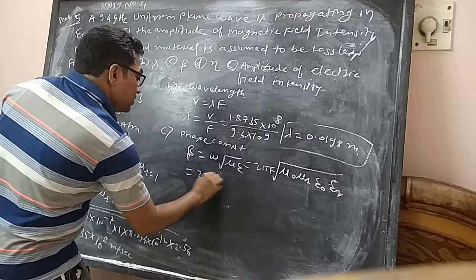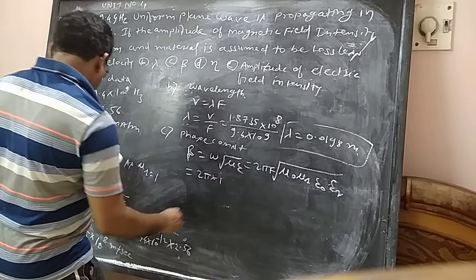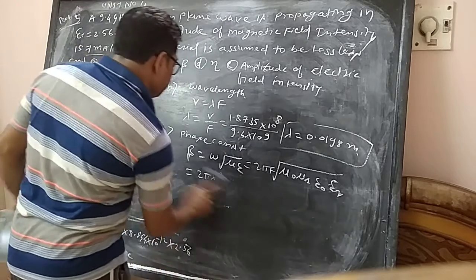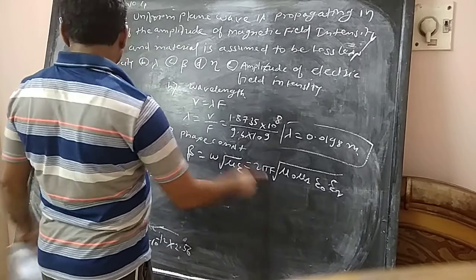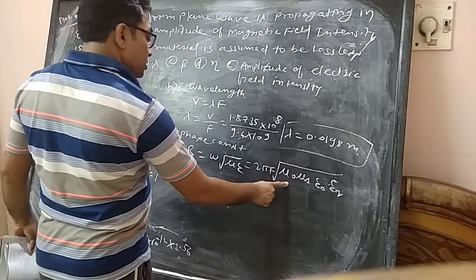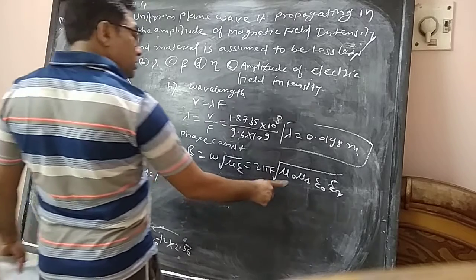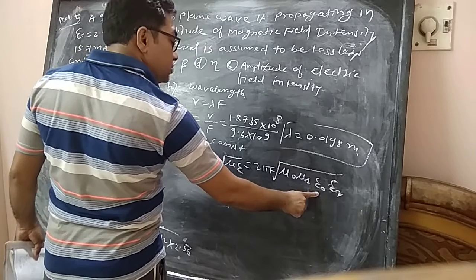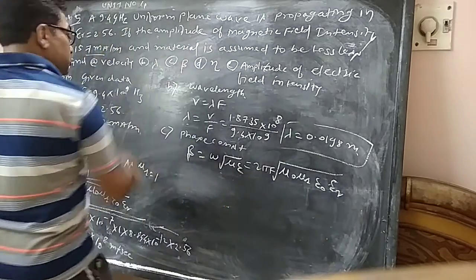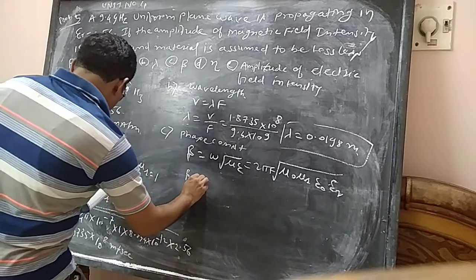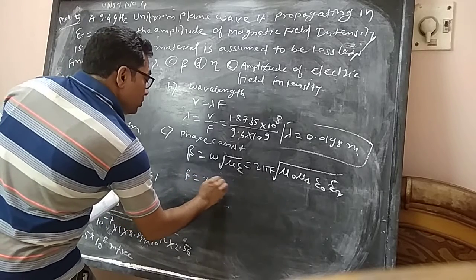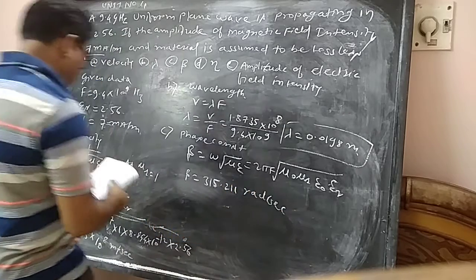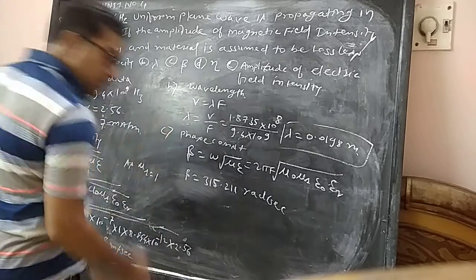So it is 2 pi multiplied by the frequency which is given, then mu 0 is 4 pi into 10 raised to power minus 7, here mu r is 1, epsilon 0 is again 8.854 into 10 raised to power minus 12, and epsilon r is given, that is 2.56. So you will get the value of beta, that is 315.211 radian per meter. Now to find the intrinsic impedance.